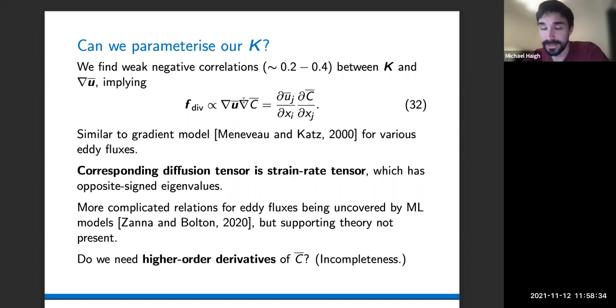And this again relates to the idea that only including linear first order gradients of the large scale tracer field is a consequence of us assuming that there is a scale separation between the large scales and the eddies, which doesn't truly exist. So in my mind, it would be a very worthwhile approach to start looking at alternatives to the flux gradient relation, which use higher order derivatives of the tracer field.